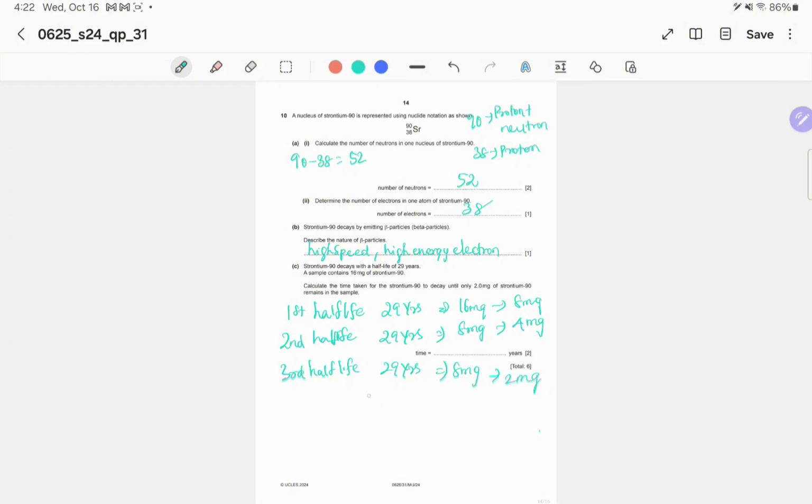So totally 3 half-lives it's taking. So totally how much? 87 years. Or 3 half-lives, it is taking 3 into 29 years. Sorry, I made it as 27. 29 years. I'll write it clearly so that you don't get confused. So automatically 87 years. That's the answer for this question.